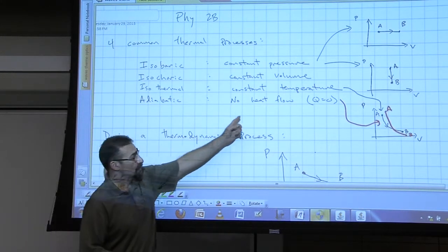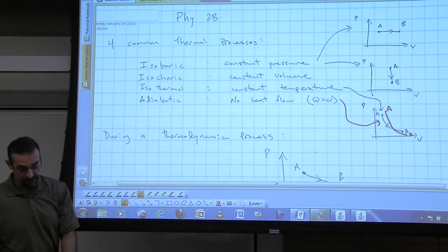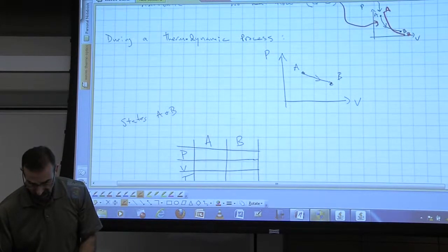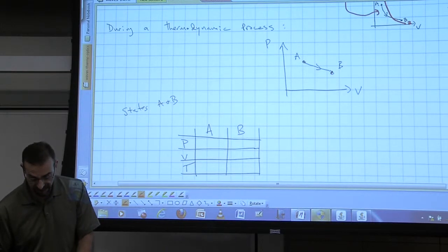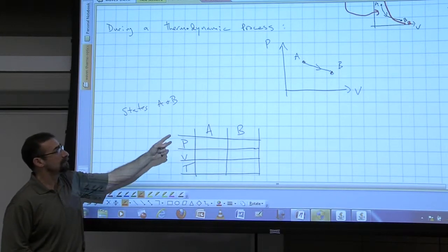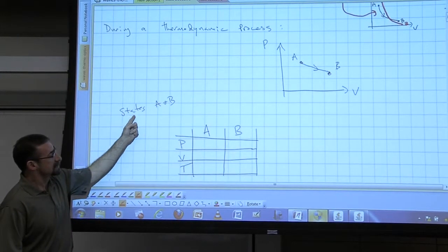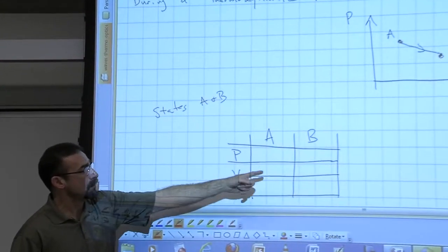All right, so we'll talk about some of those, but let's look at some examples, because the main thing that we want to do when we start off a problem, we're interested in two things. When we're taking a thermodynamic process from point A to point B, we're interested in the states, the pressure, the volume, the temperature at point A and at point B, right?